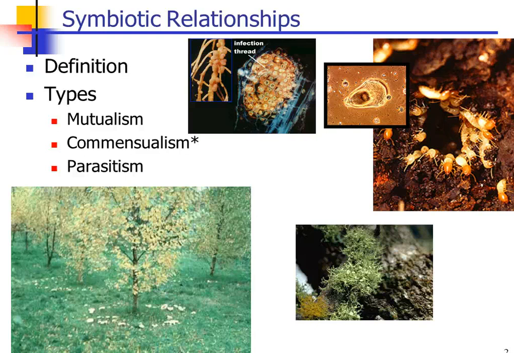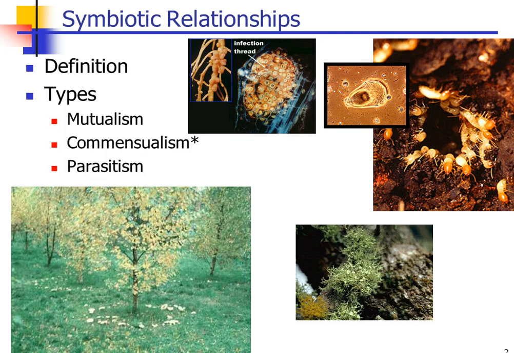You can have symbiotic relationships between algae and fungi. That's called lichen. So you can have symbiotic relationships between microorganisms and plants and animals, or among a couple of plants, or even among microorganisms, where one microorganism is in a symbiotic relationship with another one.